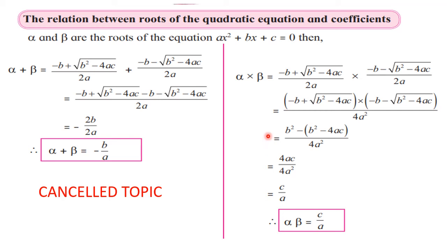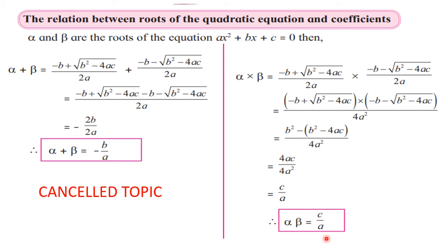Okay. So in short, I will explain this, that here alpha and beta are the two roots of the equation, and a, b, c are called as what? Coefficients. So what is the relation between alpha, beta and a, b, c? That is given here. So only you see this box, that sum of the roots, means alpha plus beta, is given by minus b upon a, and the product of the roots, that is alpha beta, is given by c upon a.